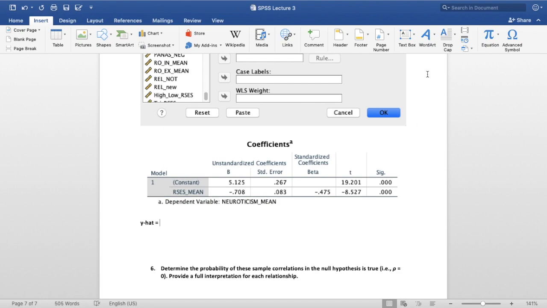You could go to symbols and find Y with a little hat over it, which I did for the official notes that I'm posting. But for now, I'm just going to write Y-hat, and you could do the same. Y with a hat over it means Y being predicted by X. So Y-hat equals the B constant, which is our Y-intercept, and the B for RSES underscore mean is going to be our slope.